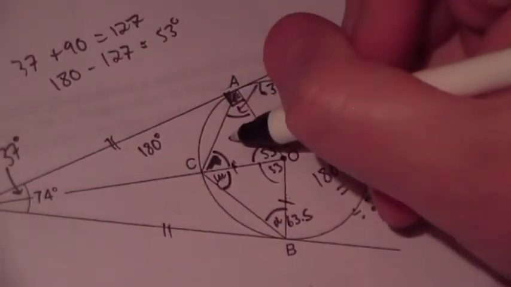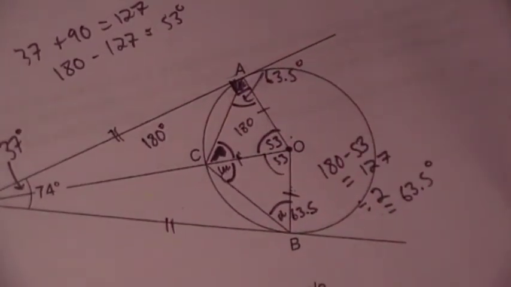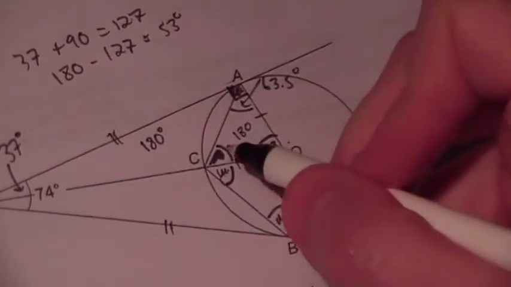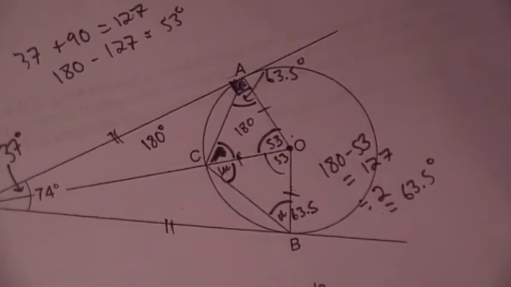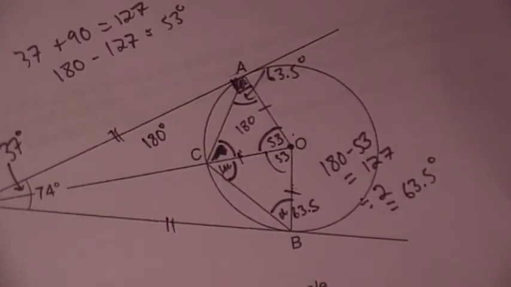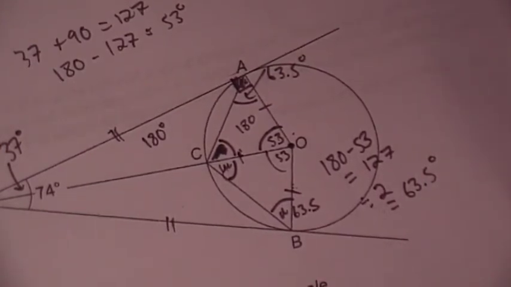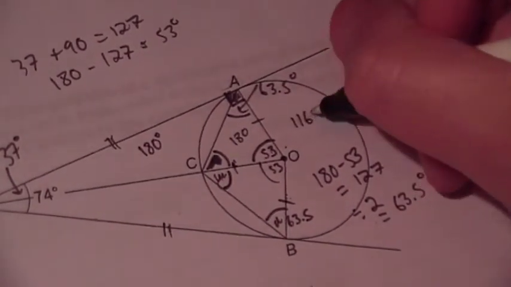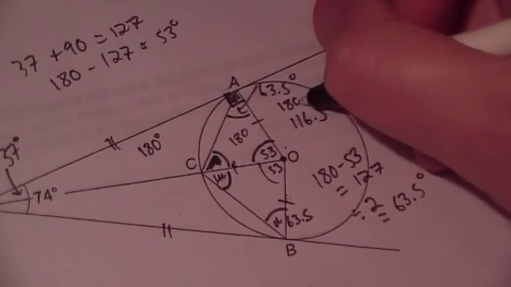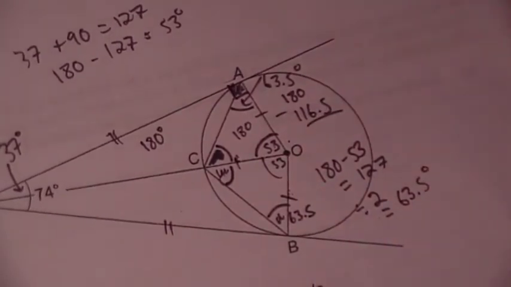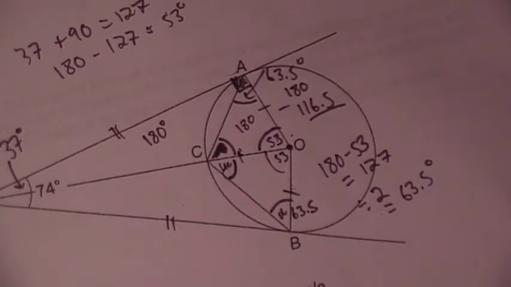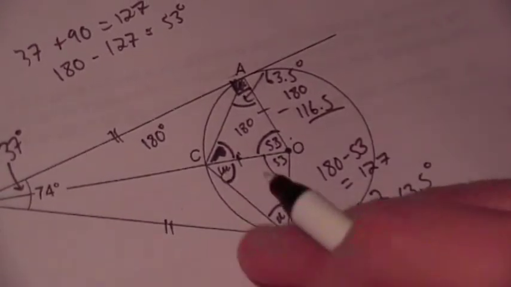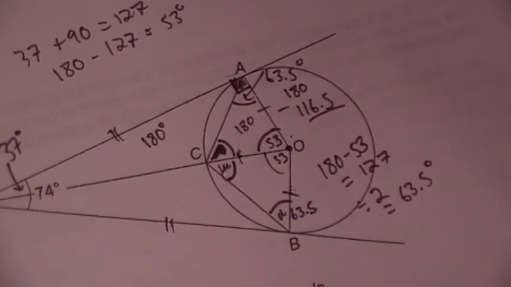So by adding angles in a normal triangle, we can work out the last one in there that we need to mark. Add these two together, 53 and 63.5, comes to 116.5, and if I take that away from 180, I'll be left with 63.5 degrees for that last angle in there.